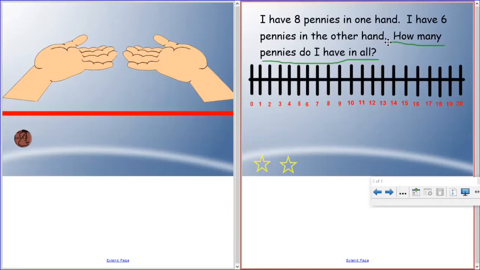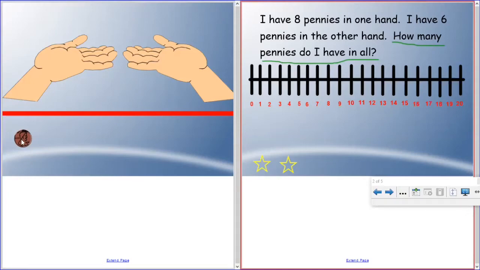Now let's go ahead and act out the problem. The first sentence says, I have 8 pennies in one hand. What should I do? Put 8 pennies in one of the hands.